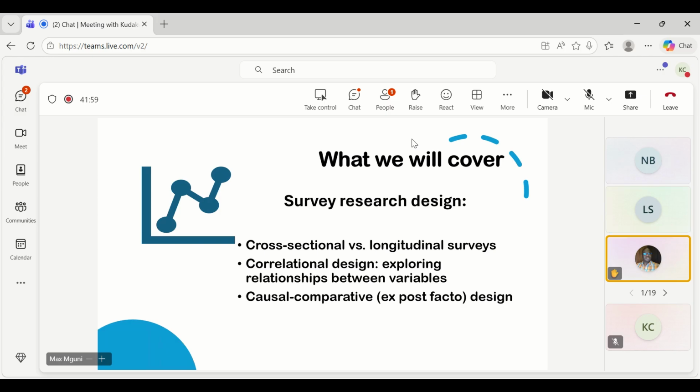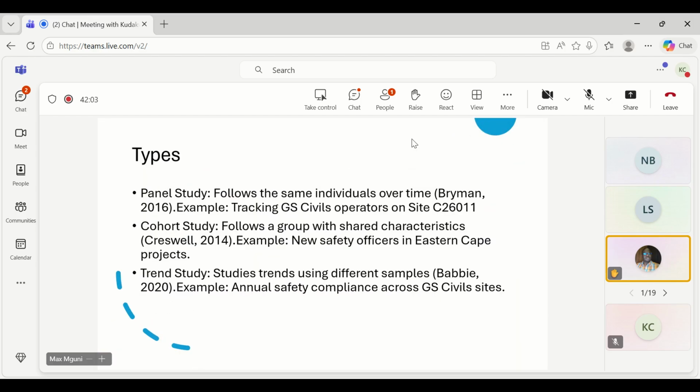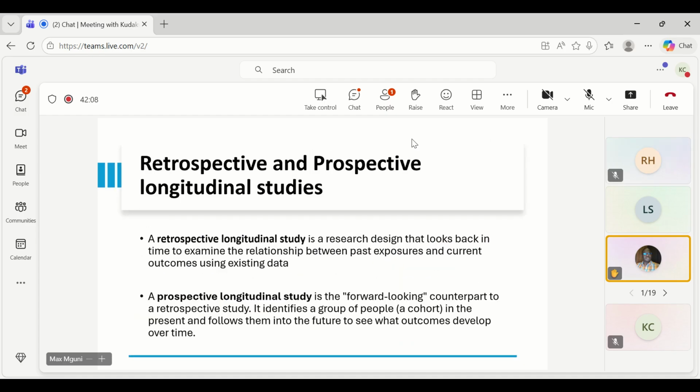Is the trend study similar to retrospective and prospective studies, or are they two different studies altogether?